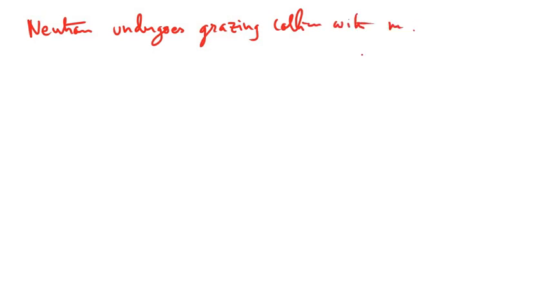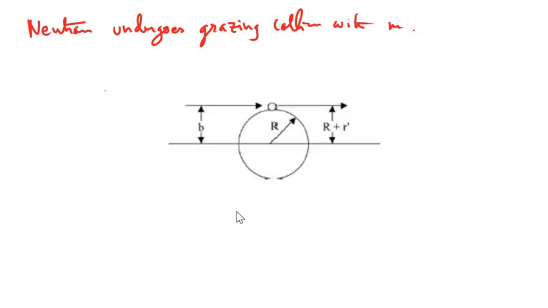Let me draw the picture for you. So this is basically the schematic diagram, as you can see, and this small b is the impact parameter, right? And so this is the radius r of the projectile.